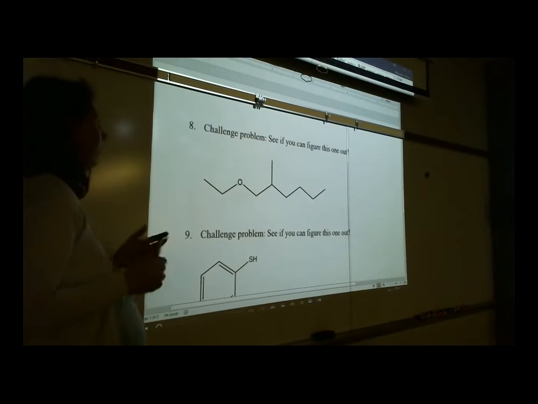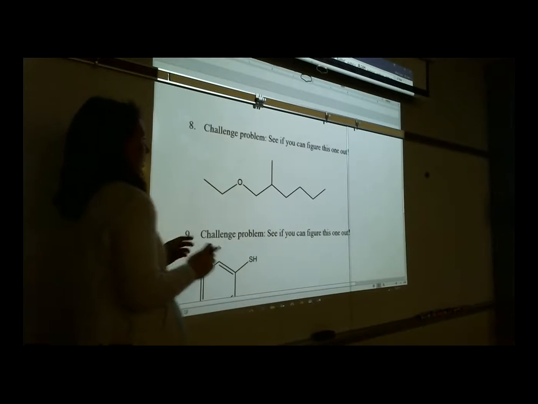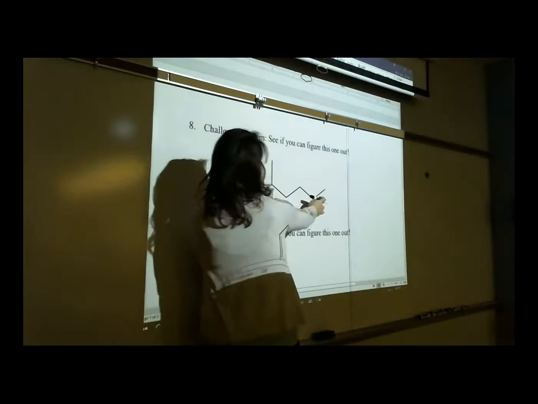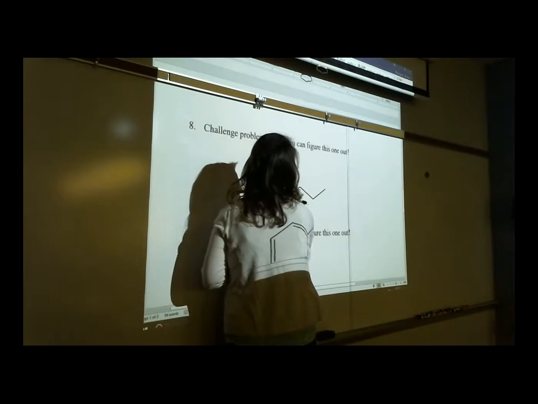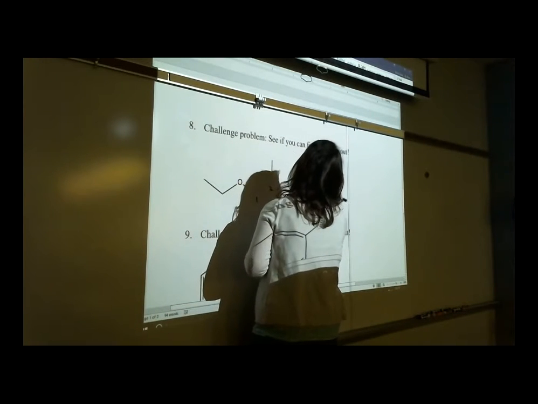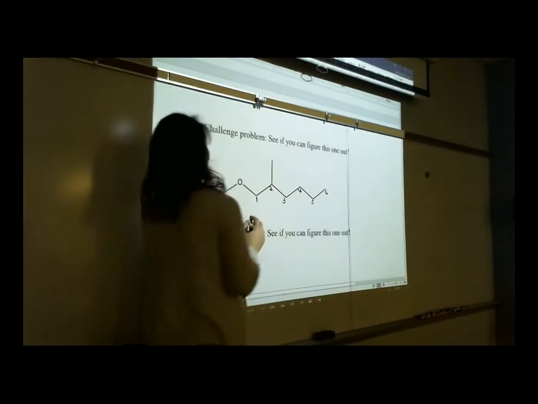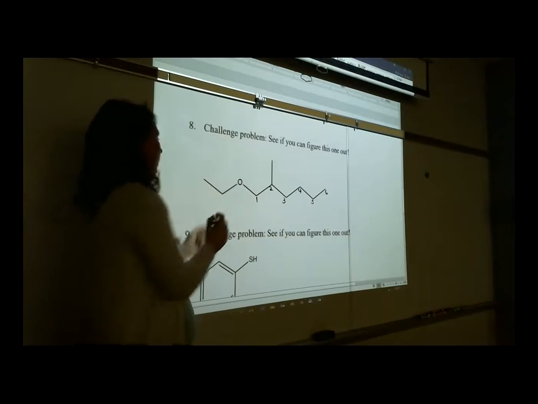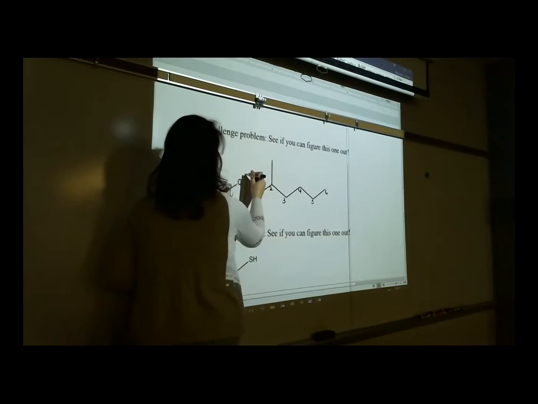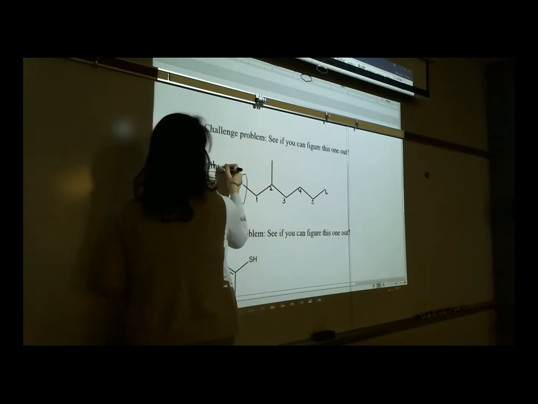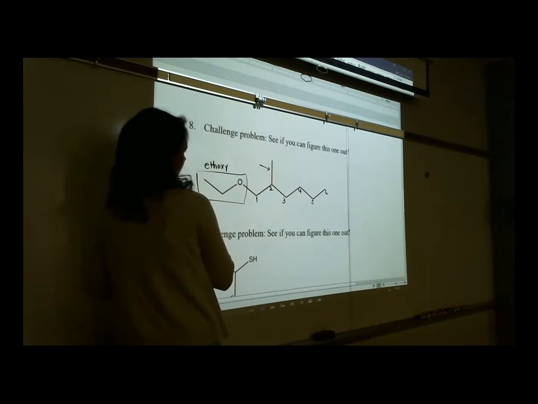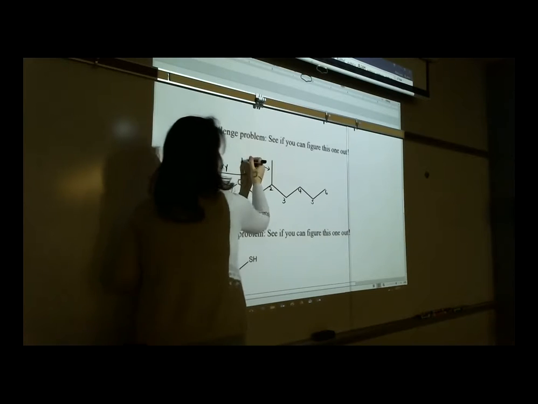So how will we tackle this one? We find the longest parent chain. This would be the longer side: 1, 2, 3, 4, 5, 6. What kind of group would this be called? Ethoxy. Right, so this is called ethoxy. And then what kind of group is this? That's just a methyl.